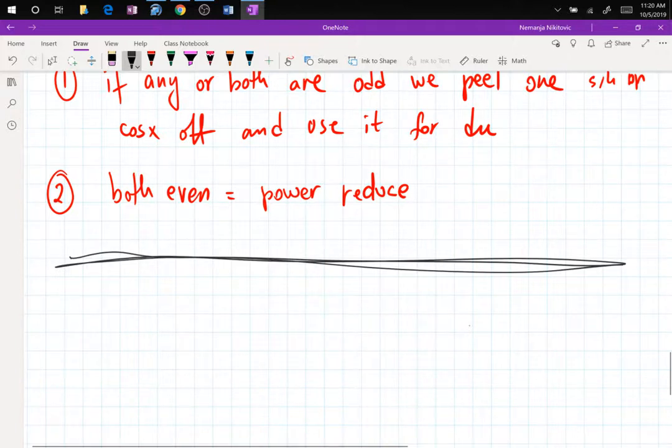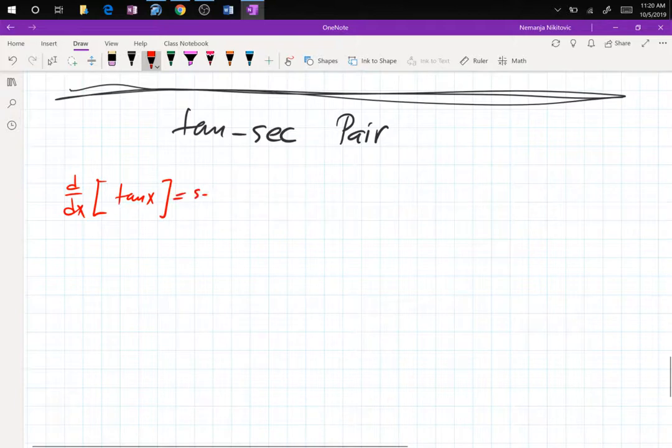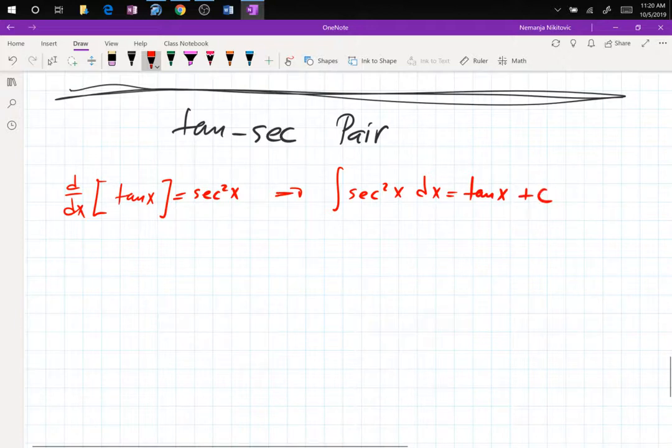The next one is the tangent-secant pair. That one will also have its own formulas from Calc 1, and then we'll take a look. Now, this one is far trickier than sine and cosine, so let's focus here. The derivative of tangent x is secant squared x, which gives us the integral of secant squared x dx is tangent x plus c.